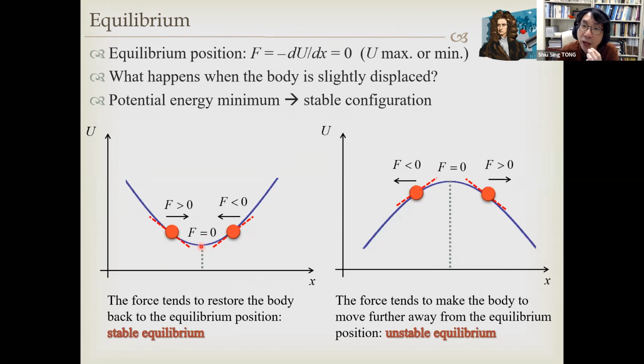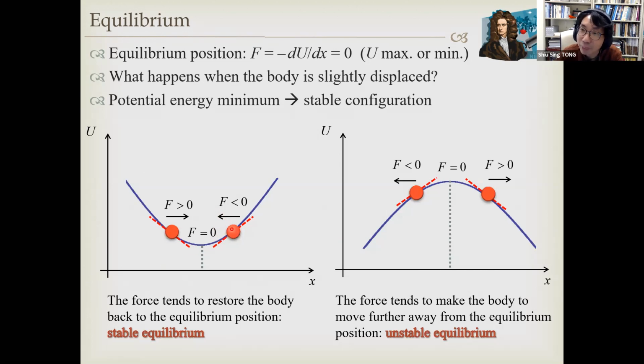So the object has no force acting on it at this position. But how about if I slightly displace the object to the left or to the right? If I displace the object to the right, the idea of conservative force tells me that the conservative force always points in the direction of decreasing U. So if I move the object to the right, its potential energy is raised, and the conservative force will direct me back to the equilibrium position.